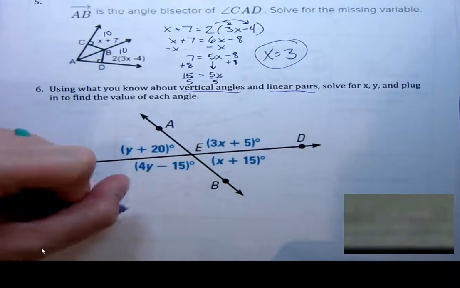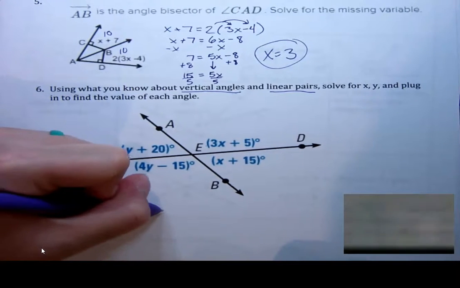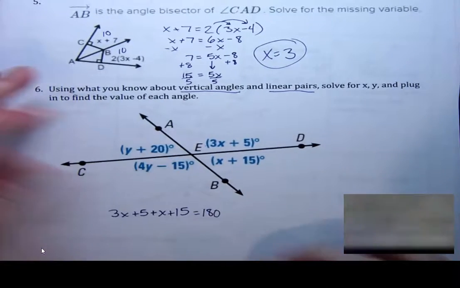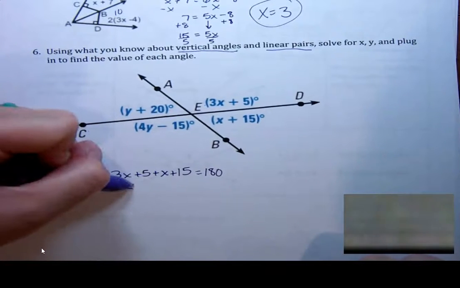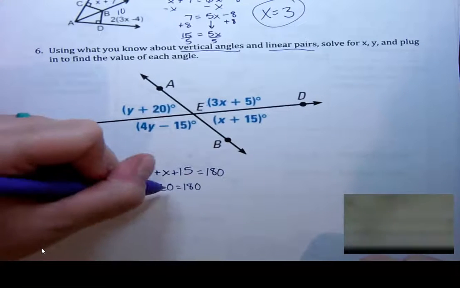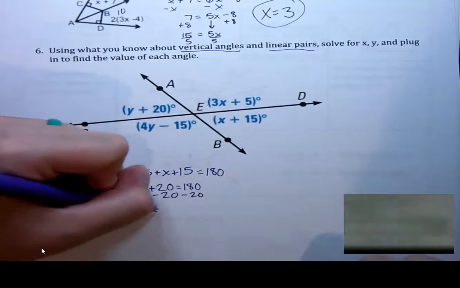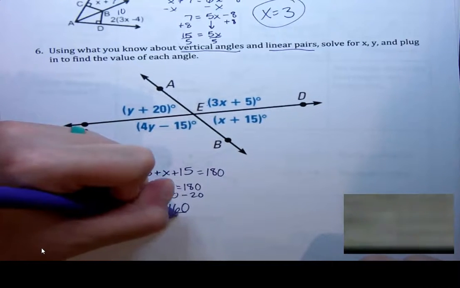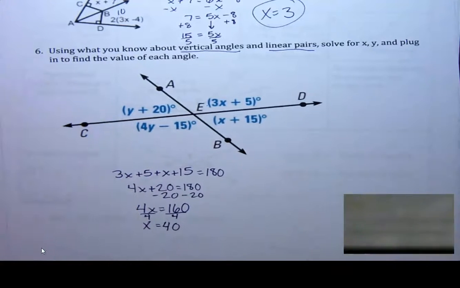So we've got 3x plus 5 plus x plus 15 equals 180. And you can simply combine like terms. 4x plus 20 equals 180. Subtract 20. 4x equals 160. And x will be 40.